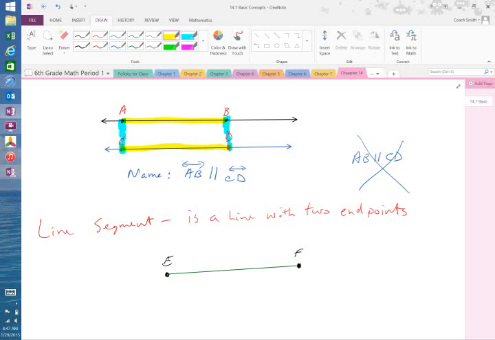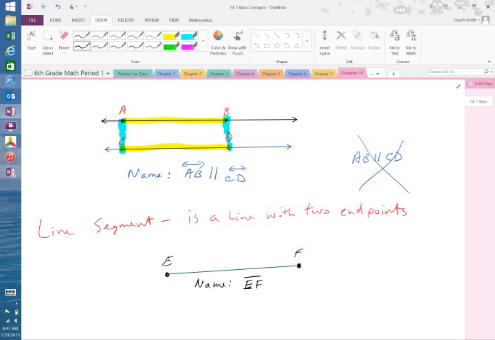Now, we usually don't draw them that way. We usually draw them like I've drawn this one down here. And this is how we name them. The name is line segment EF. So where the symbol for line is the 2 arrows on the line, this one is just the line itself without the arrows.